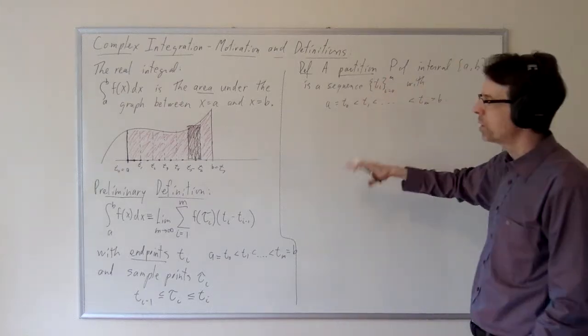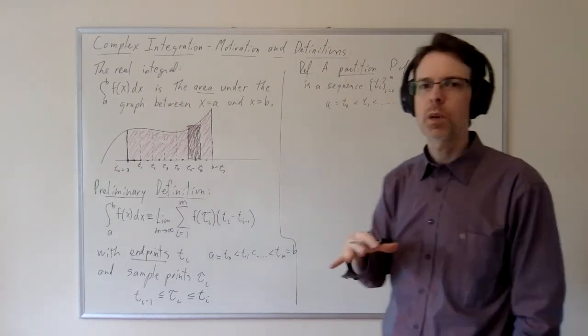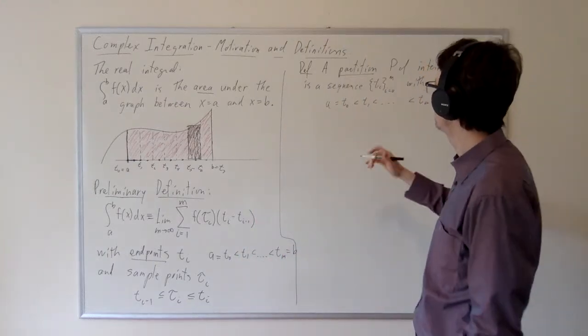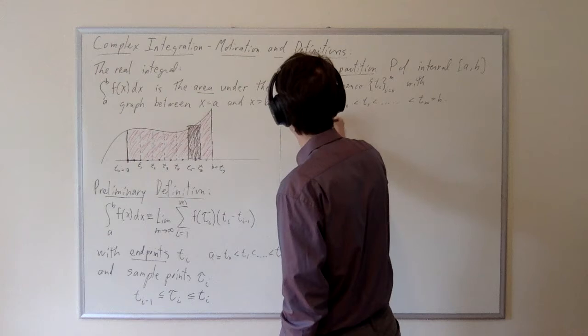Now, notice that the sample points tau_i are missing. That's because I'm going to make that an extra bit of information, and we're going to call that a tagged partition.